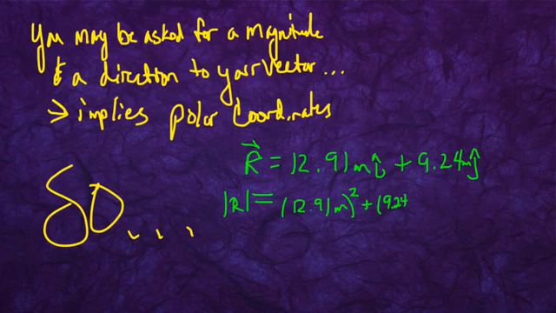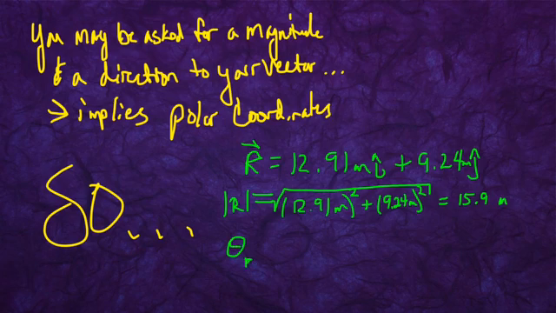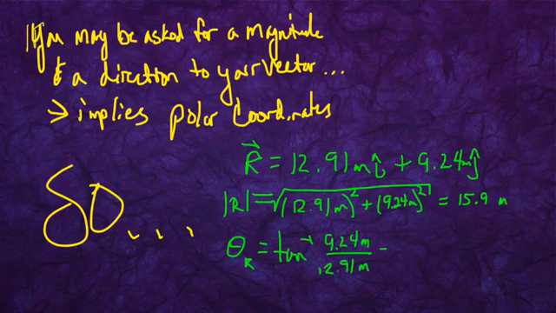We know that the length of R is going to be the square root of the sum of the squares of these guys, right? We find the distance. And that winds up being roughly 16. Okay, and then our theta is going to be the arctan of Ry over Rx.